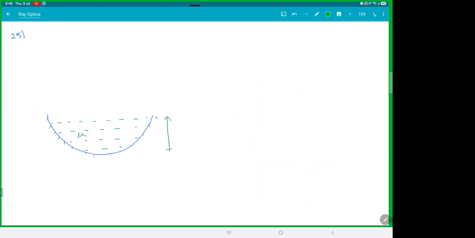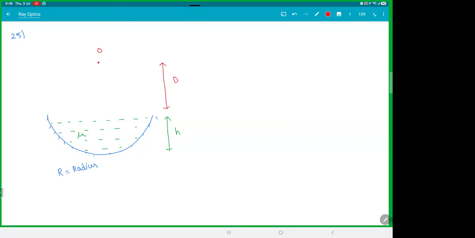And this depth is some h. The radius of curvature is r. And you kept an object somewhere here, and this distance is capital D.